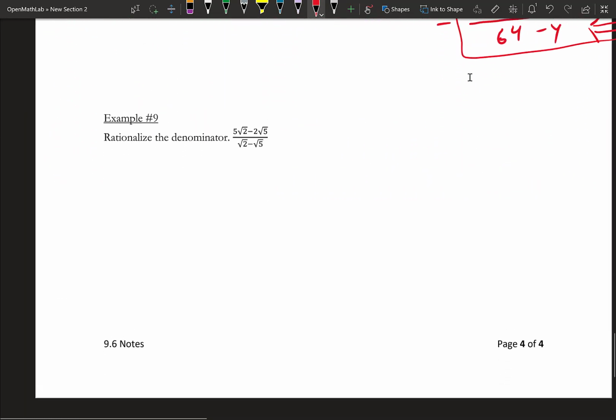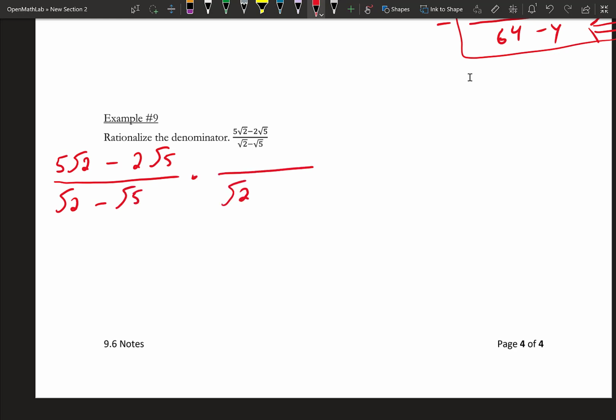So then the last one I have here, example 9, we have 5 radical 2 minus 2 radical 5 all over radical 2 minus radical 5. All right, so again, we want to multiply by the conjugate, so that would be radical 2 plus radical 5.